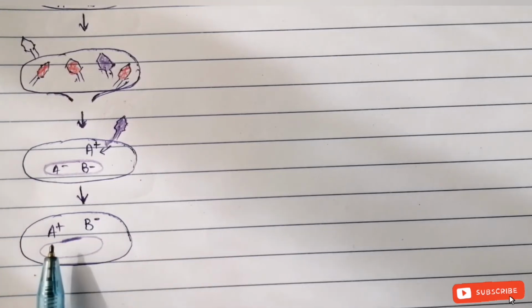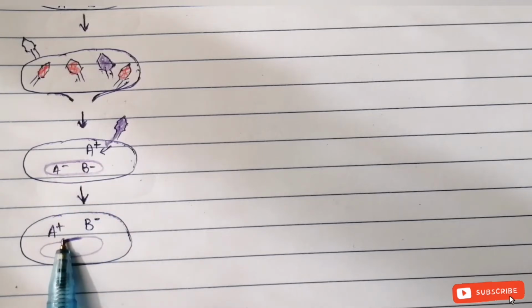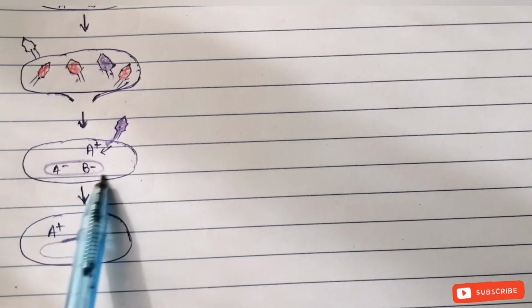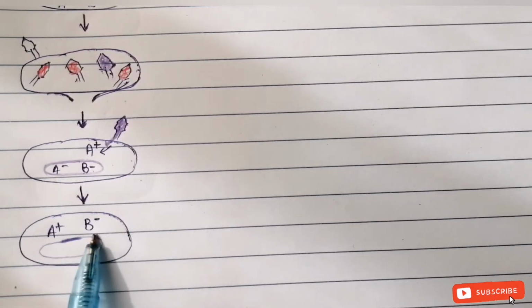A positive, B minus. What does that mean? It means A positive is the gene sequence that is now integrated into the main genome of the second host bacterium, and the B minus belongs to its original chromosome. So this is the new bacterial cell. This is the recombination. This is the new genetic material.